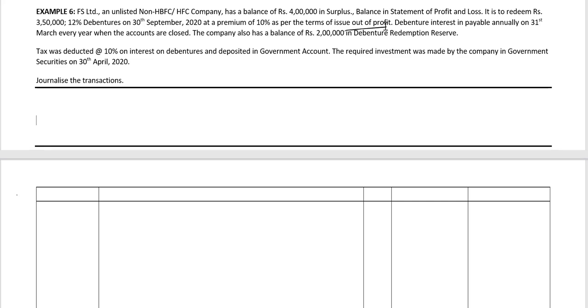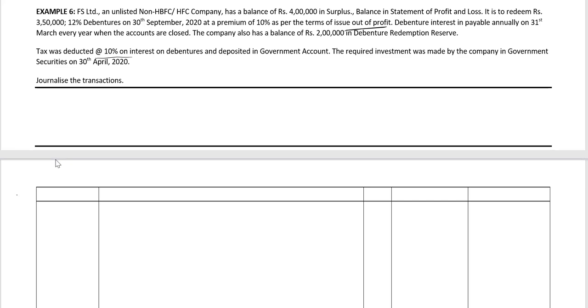Debenture interest is payable annually on 31st March every year when the accounts are closed. The company also has a balance of rupees 2 lakh in debenture redemption reserve. Tax was deducted at 10% on the interest on debentures and deposited in government account. The required investment was made by the company in government securities on 30th April 2020. We are asked to journalize the transactions.